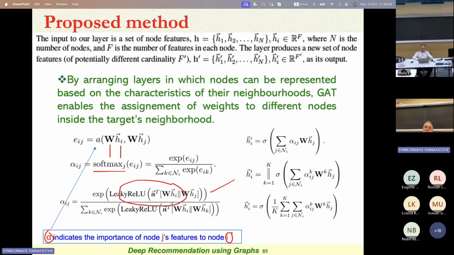And in the denominator, we have the sum of the importances of all links that are incoming to the target node. Okay, so this gives us the importance of an incoming link for the target node I.